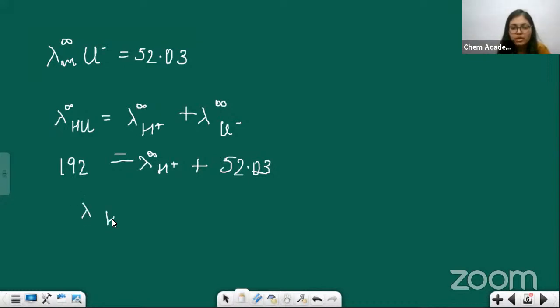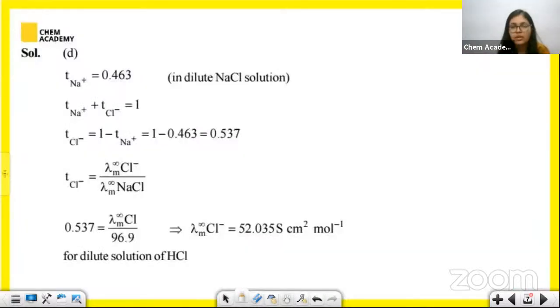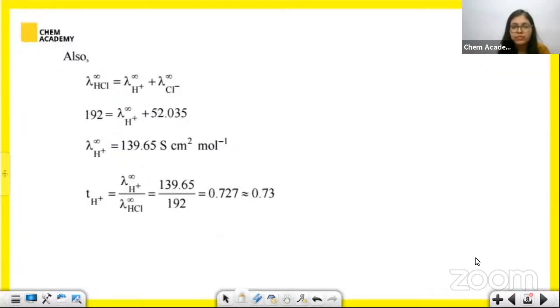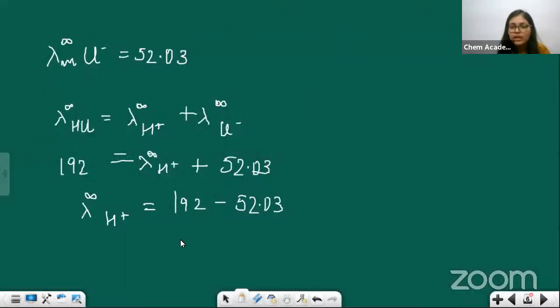So from here, the limiting molar conductance of H plus is going to come out to be 192 minus 52.03. On solving it, we will get 139.05. From here, we got the value of the limiting molar conductance of H plus.